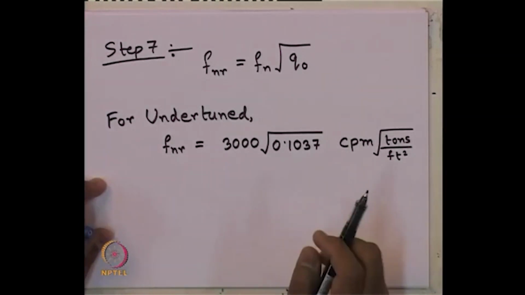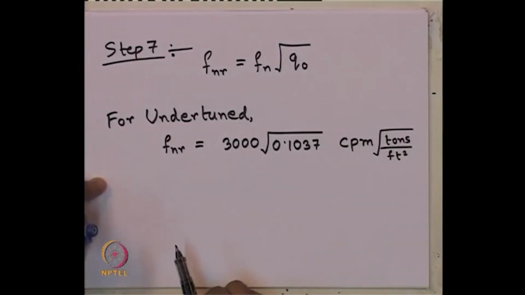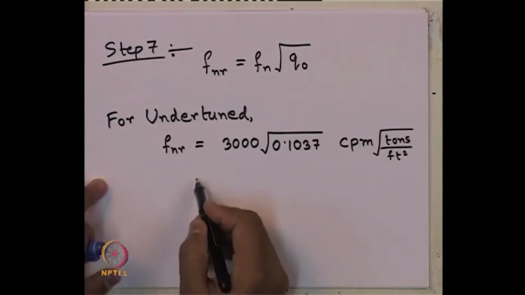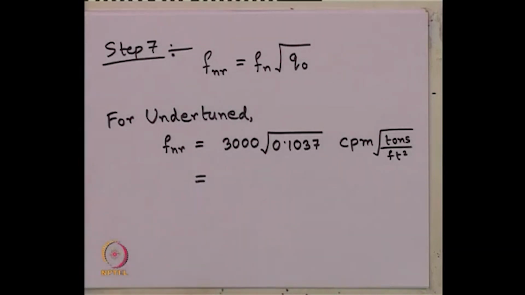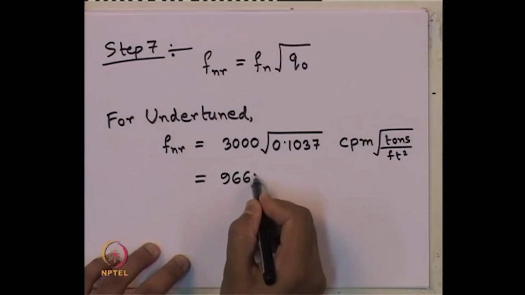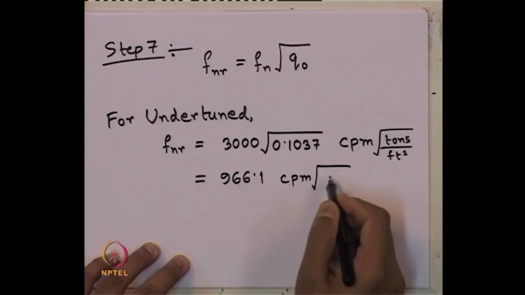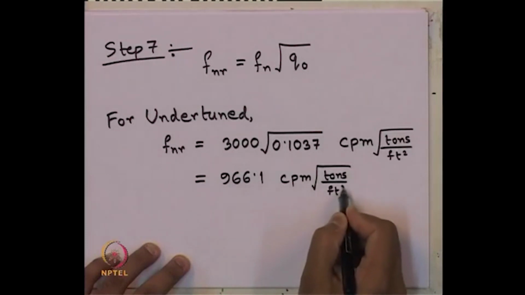It is not dimensionless. So, that is why we have to be careful while using this semi empirical method. So, let us calculate this, how much it is coming? It is coming about 966.1 CPM root of tons per feet square.